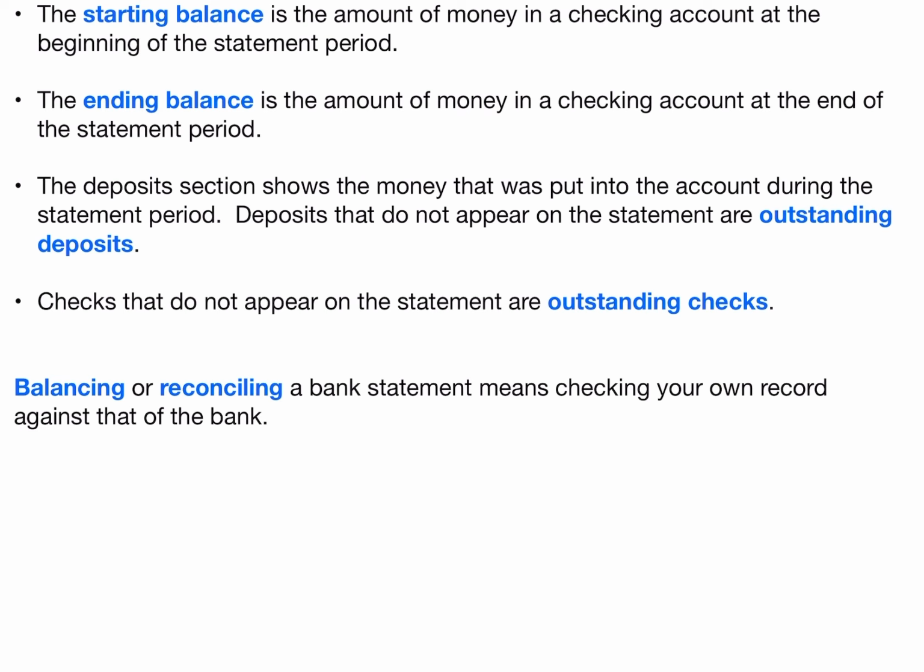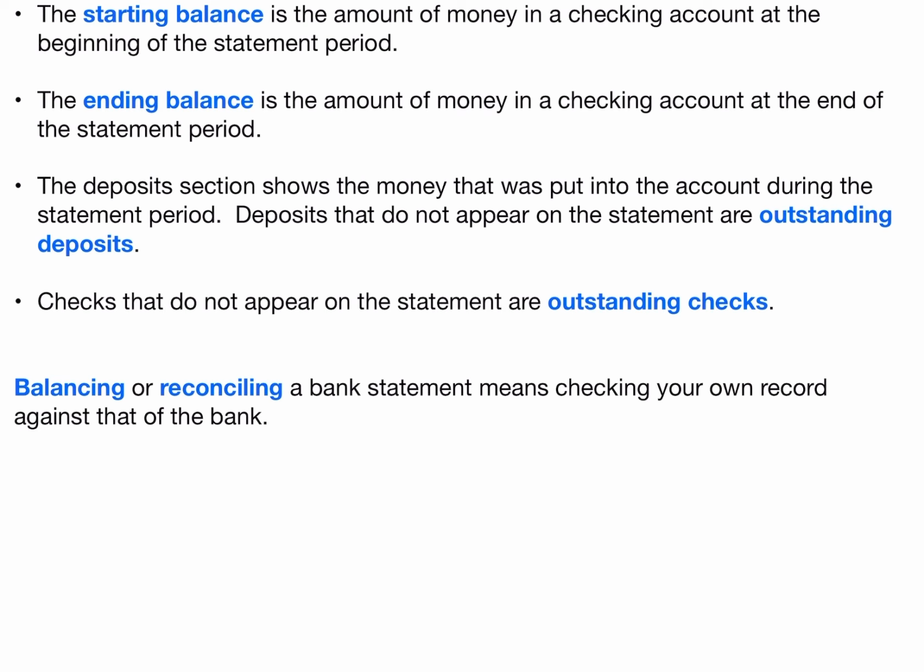Okay, so again, balancing, or reconciling a bank statement, means that you're checking your own records against those of the bank. And this is a very important process to go through every month. More and more bank customers don't do this, and the risk of not doing it is that you could have, for example, a fee applied against you by the bank and you don't even know it.